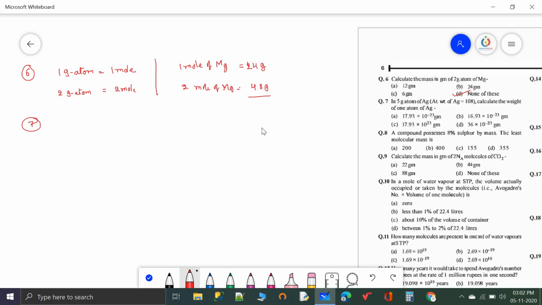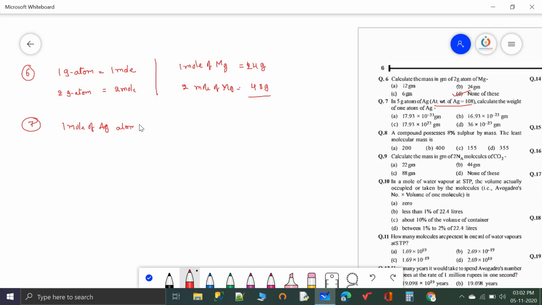Now question number 7. In 5 gram atom of silver, calculate the weight of 1 atom of silver. We need not consider the 5 gram atom, just consider only 1 gram atom, 1 mole of silver.